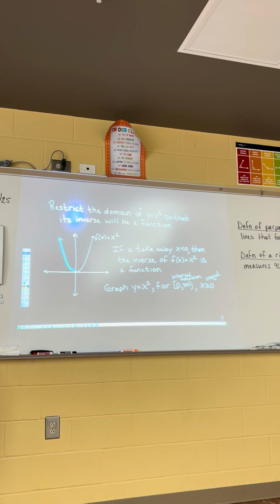Name another function, if you can think of one, that you would need to restrict the domain on so that its inverse will be a function. Absolute value function, yeah. Rational, no. Cubic, nope, cube root, nope.